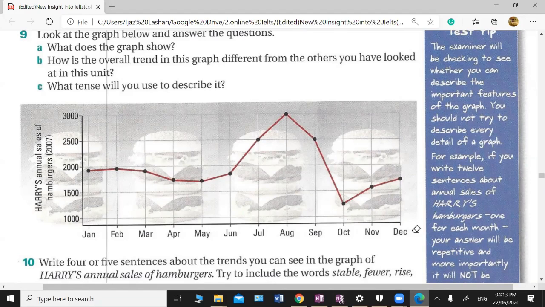Maybe this data is collected from your country where you have Independence Day in August. So maybe that's why the maximum number of burgers were sold. That's great.